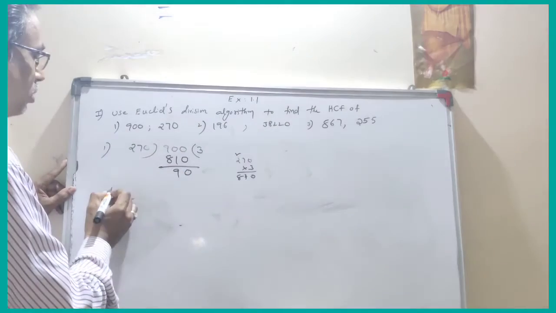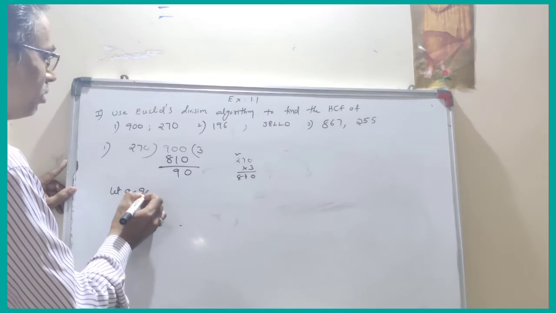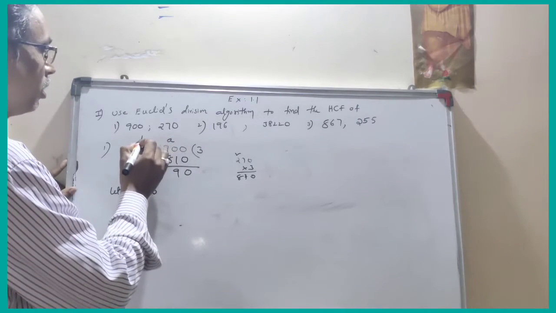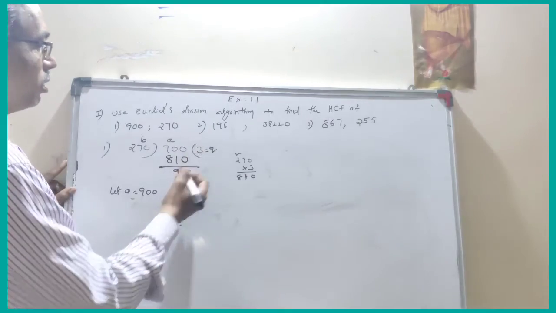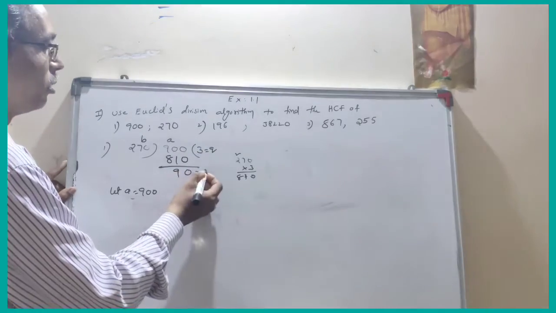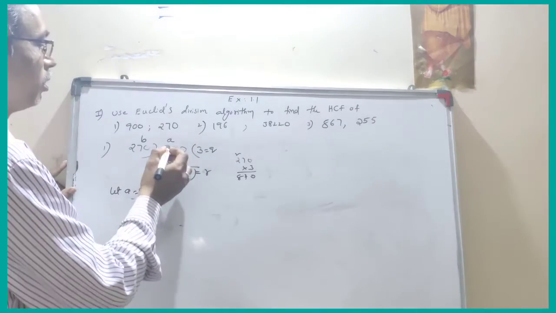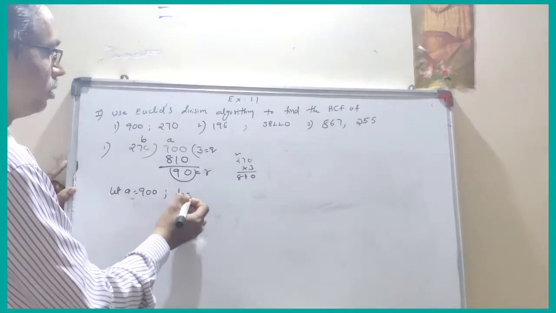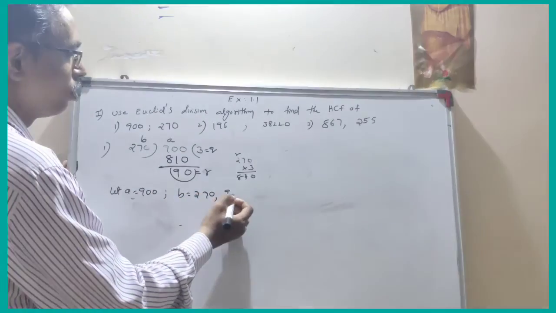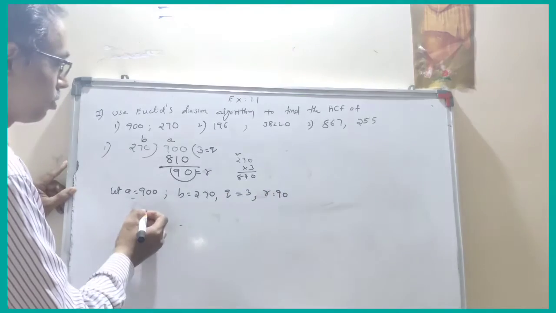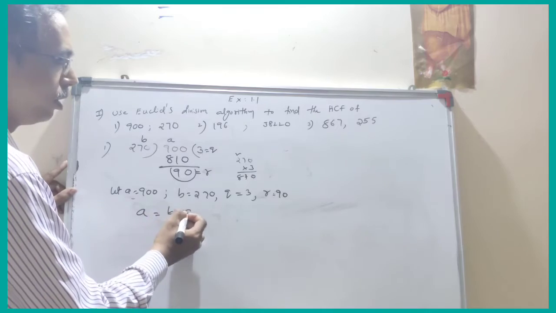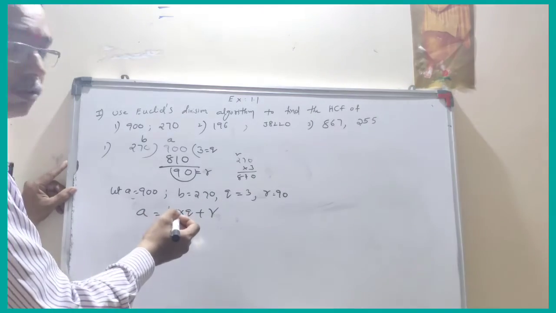So let us take A is equal to 900, B is the divisor 270, quotient Q is 3 and remainder R is 90. So what is our rule? A is equal to B into Q plus R. This is the algorithm.